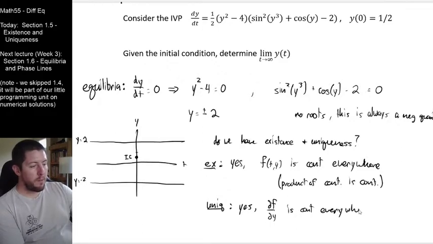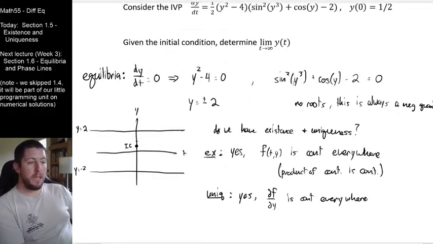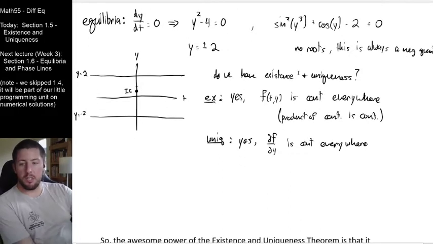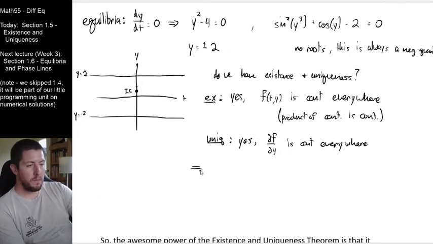So the reason why this is important is that this means to me that no solutions can cross the two horizontal solutions.